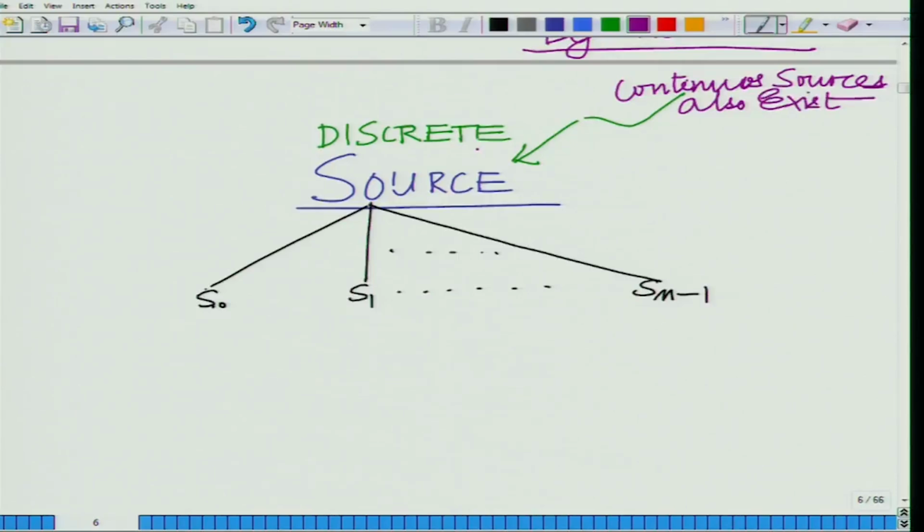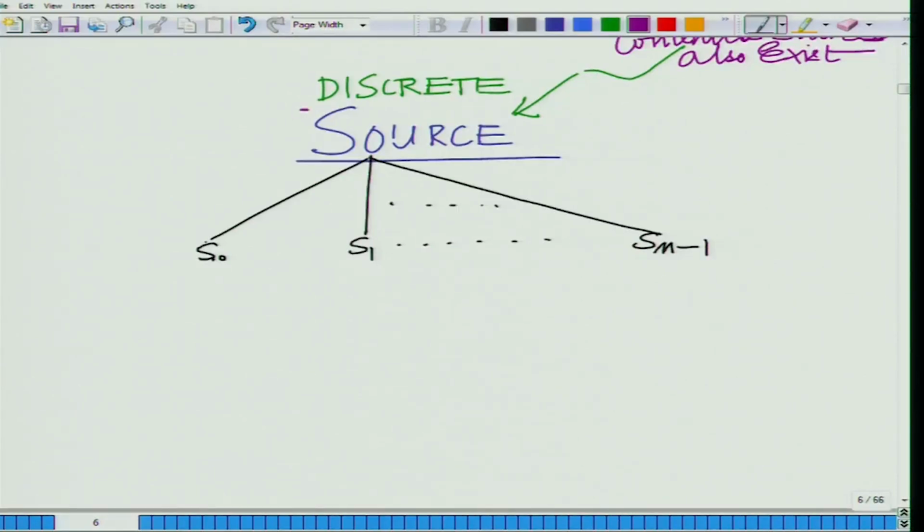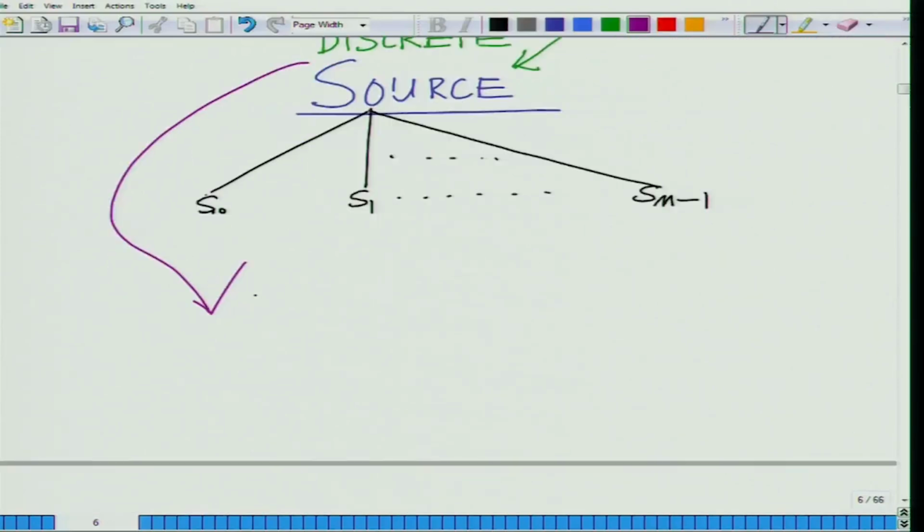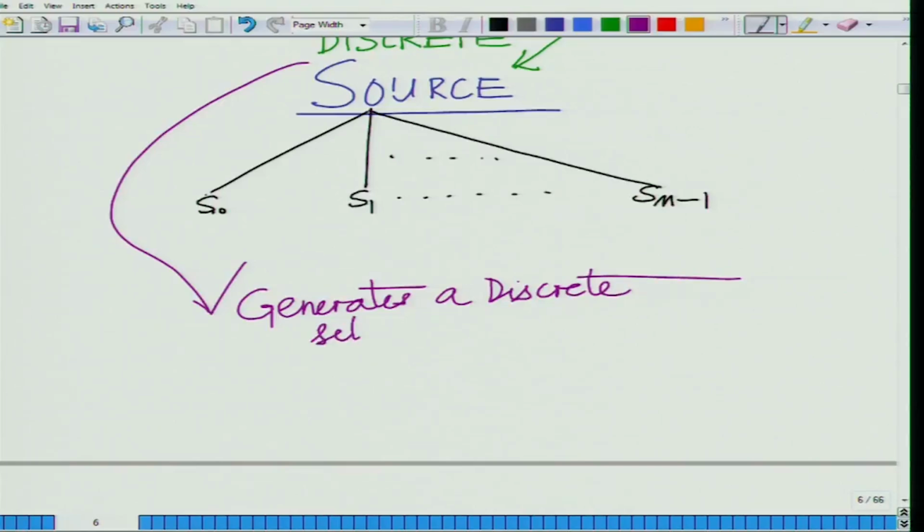So, a discrete source generates a discrete set of symbols.